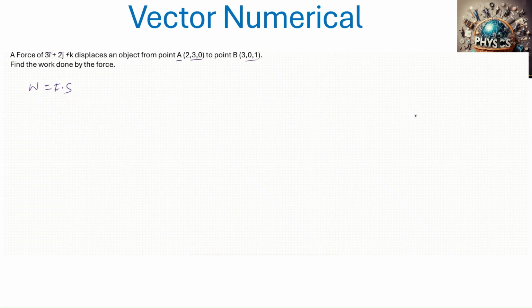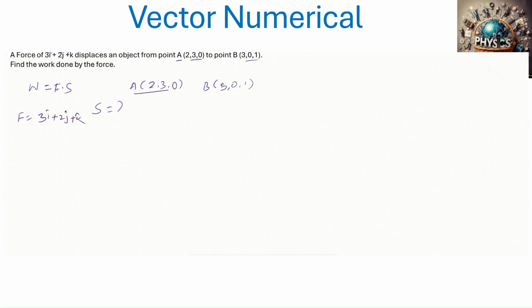Now we have been given two points, A, which is 2, 3, 0, and B, which is 3, 0, and 1. What we need to do is find the displacement S. F is already known: F is equal to 3i plus 2j plus k. So we need to find the displacement. First, what is the position vector of A?